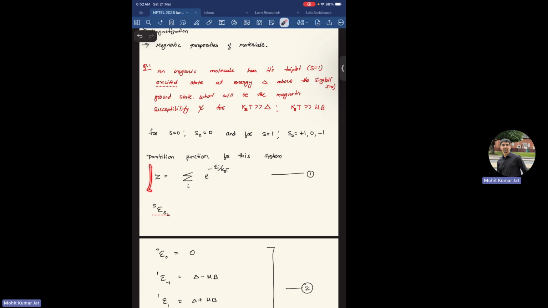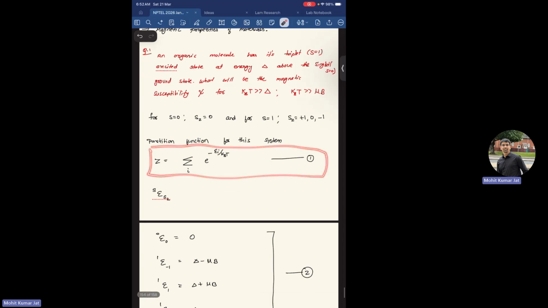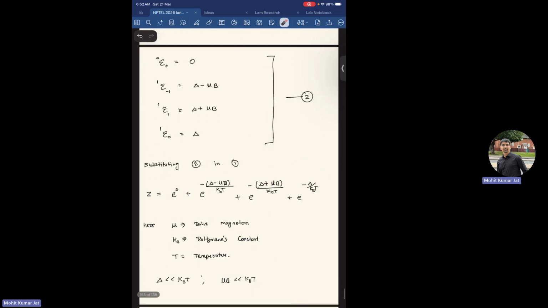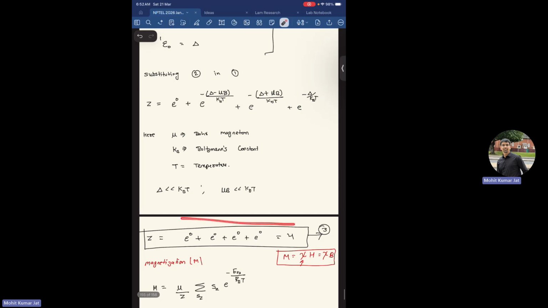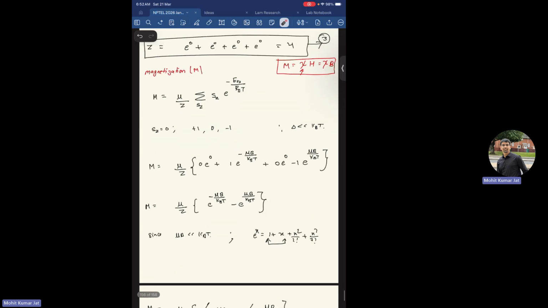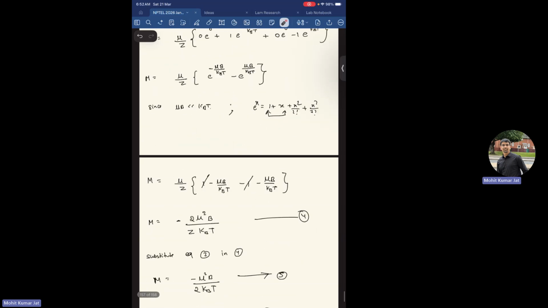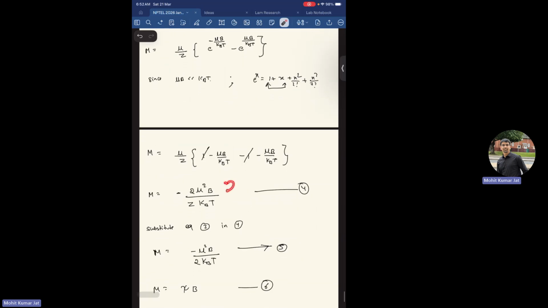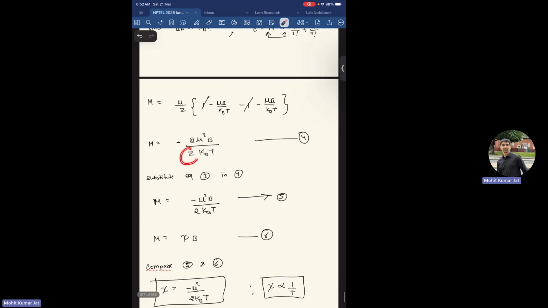So we first write the partition function, and estimate the value of the partition function to be 4. Then we estimate the magnetization to be mu by Z times the spin part and the energy part, and if we solve this equation, what we get is magnetization goes as minus 2 mu square B by Z kBT, where Z is the partition function.